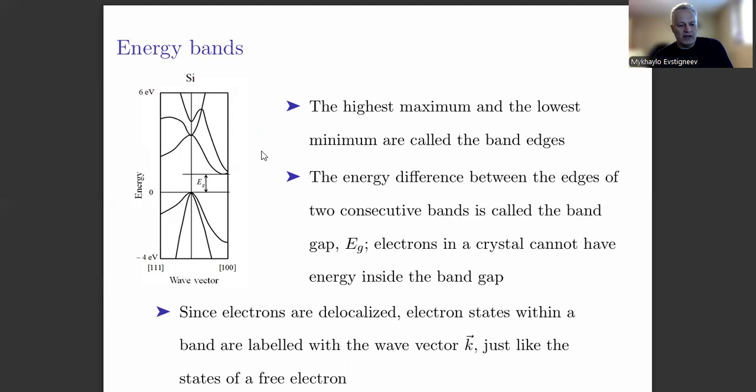And so here are the energies in five bands of silicon on the y-axis versus the wave vector measured along different crystallographic orientations. The right part of this graph shows energy versus wave vector for the orientation 1, 0, 0, and of course by extension 0, 1, 0, 0, 0, 1, negative 1, 0, 0, and so forth. The left part is measured along the 1, 1, 1 crystallographic orientation.